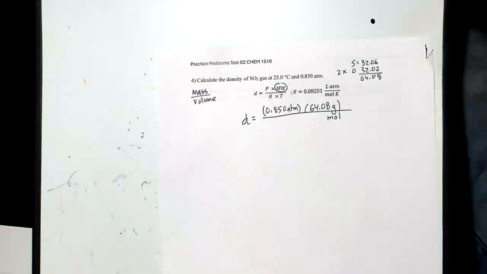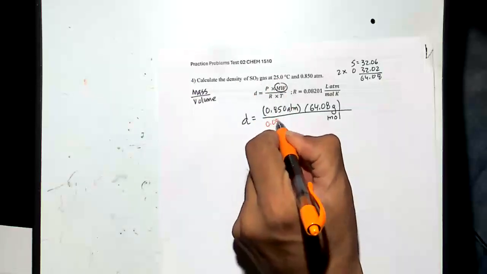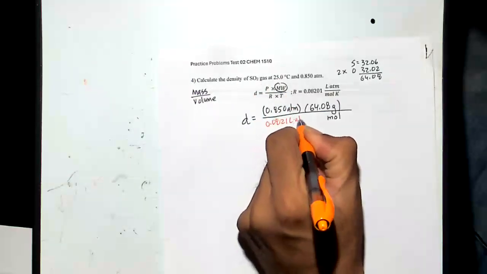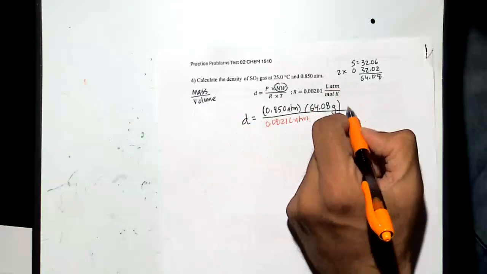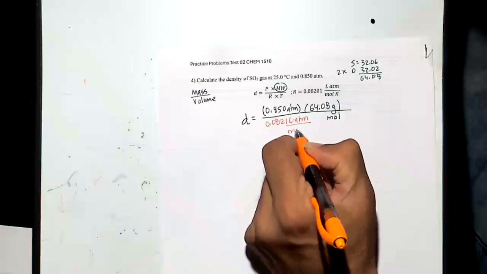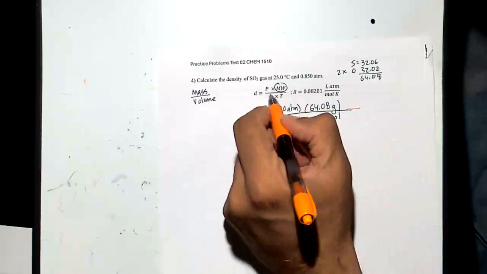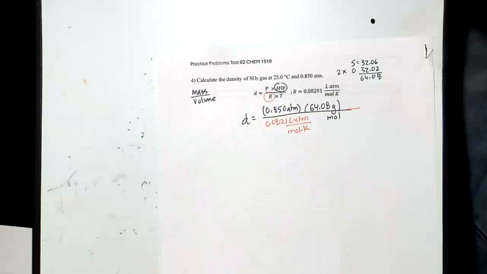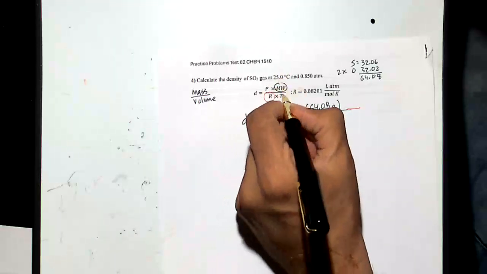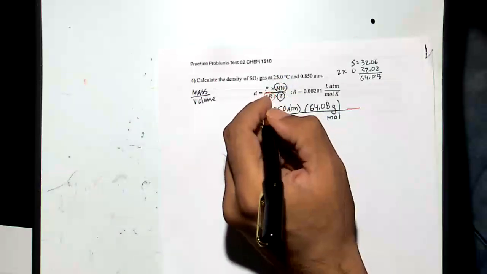This is the pressure. R is 0.0821 liters times atmosphere over mole times Kelvin. And then T is temperature, and the temperature we want in Kelvin.